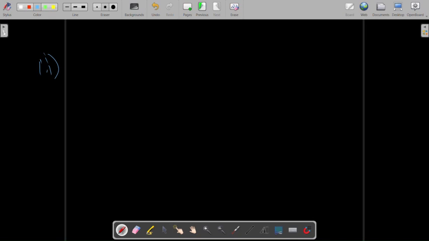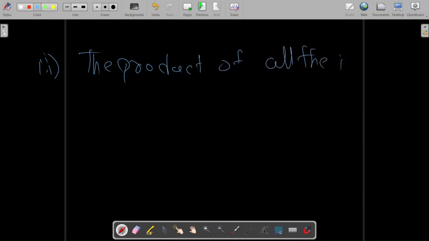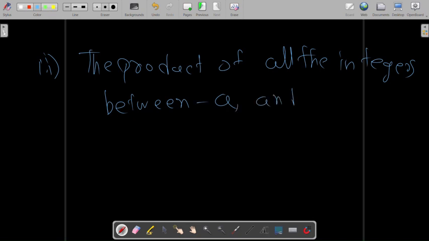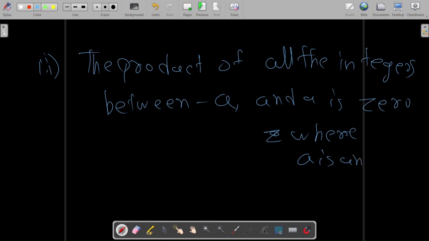Similarly, the product of all the integers between minus a and a is 0, where a is an integer. Let me explain this with a number line.